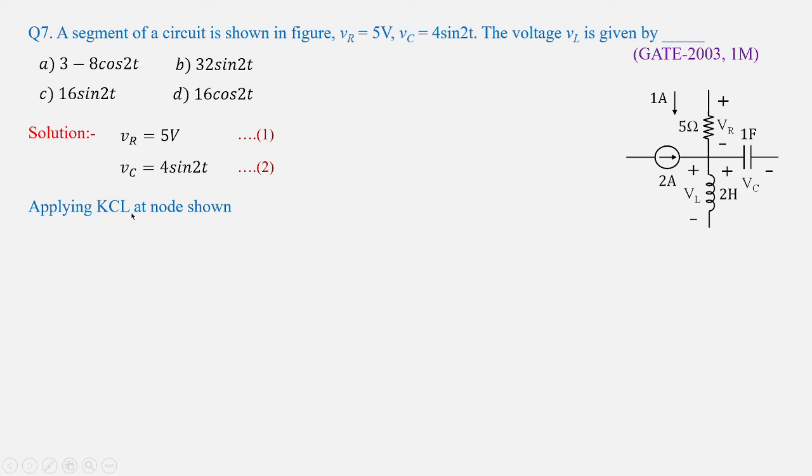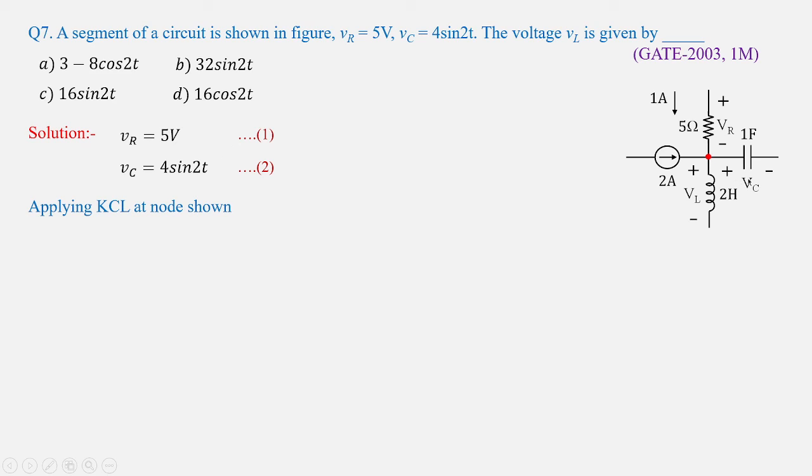And I am going to apply KCL at this node shown over here. So the red dot over this network is shown as a dot over here, and I am going to apply KCL at this node. So observe the incoming currents and outgoing currents. So 1 ampere is flowing in 5 ohms, so it is entering towards this particular node. Also 2 amperes is flowing towards this particular node.